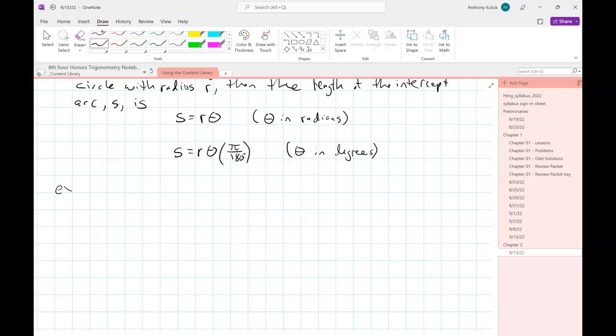All right, let's do a couple quickie examples and then be done with this idea. Solve for S if r is equal to 3.8 inches and theta is 40 degrees.